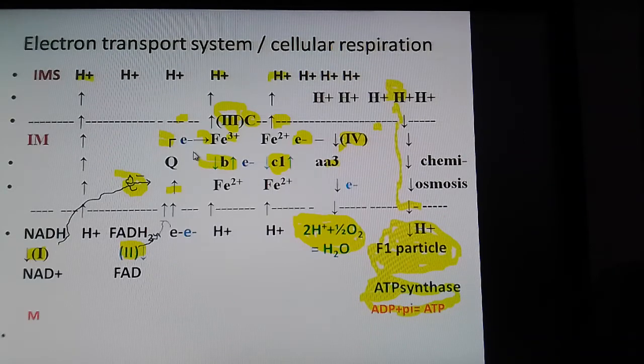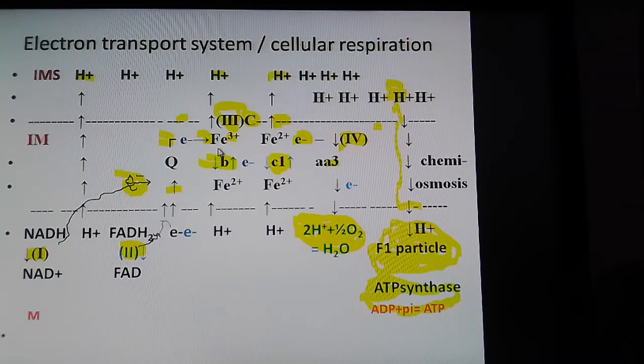Now these electrons passing from Q to C will be reducing the B cytochrome, which will be having the heme as its non-protein part, or otherwise you may call it a prosthetic group.